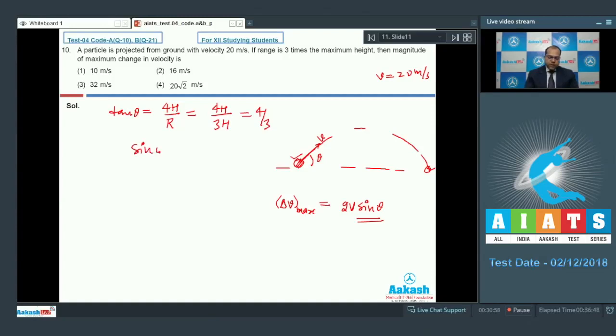From here the value of sine theta is equal to 4 by 5. Now I can substitute the data: 2 into 20 into 4 by 5. On solving this, it comes out to be 32 meter per second. So option 3 is the correct answer. So the correct answer for question number 10 is option 3.